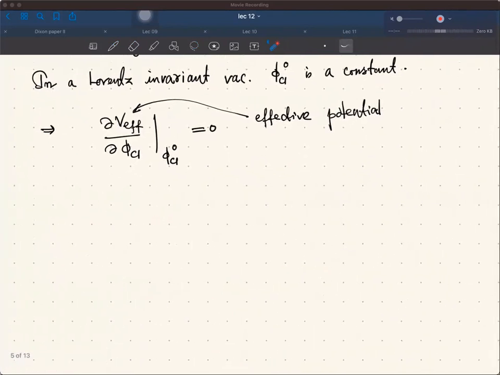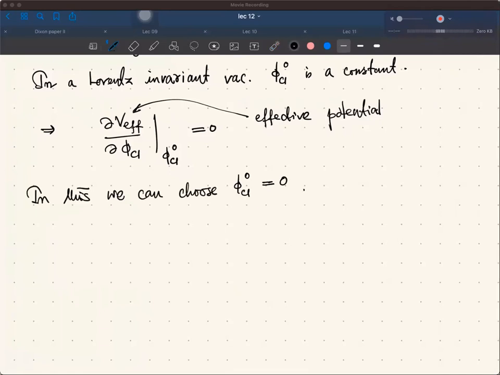So in this case, we can choose phi CL0 equal to 0 by shifting the origin of phi CL by a constant, right? I mean, by giving the proper shift in phi CL, we can shift the origin of phi CL to 0, so that phi CL0 is equal to 0.